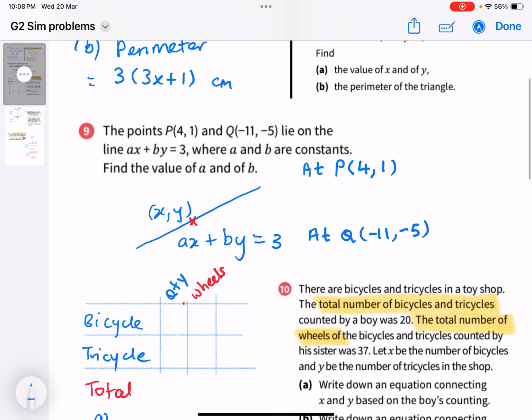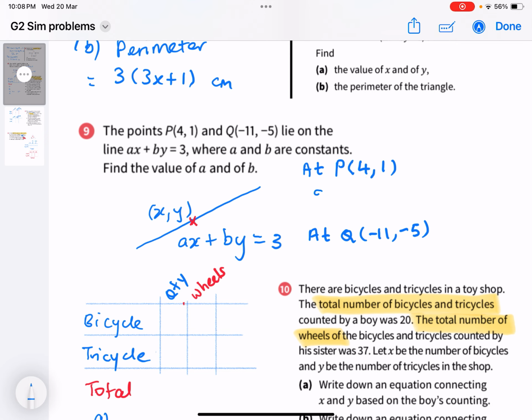In the second sum, we have a line ax plus by equals 3. X and y in the equation is just any point xy on the line. So at the point P, x is 4 and y is 1.